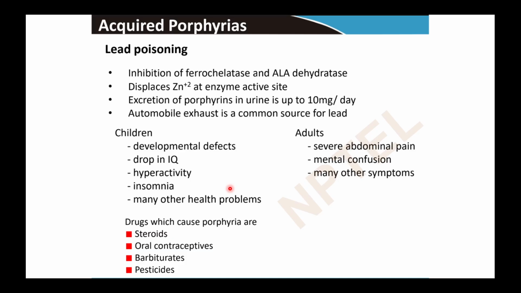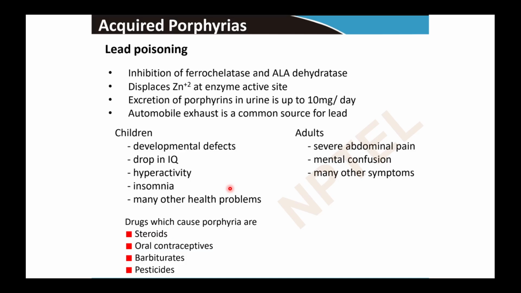In children, it can cause developmental defects, drop in IQ, hyperactivity, insomnia, and many other health problems. And in adults, it can cause severe abdominal pain, mental confusion, and many other symptoms related to mental health.